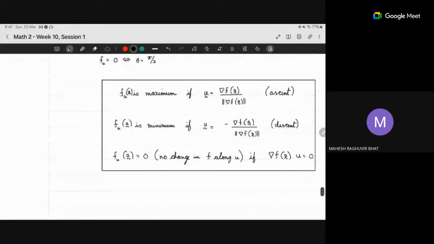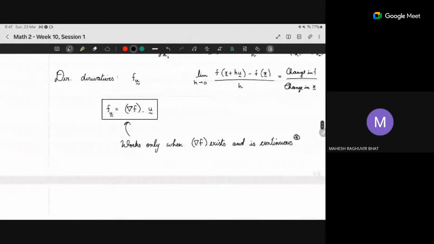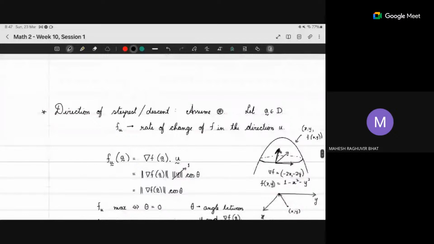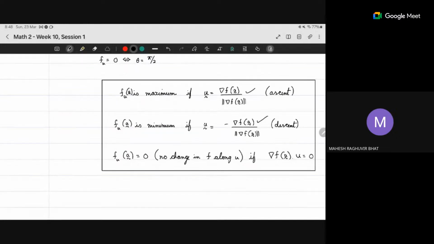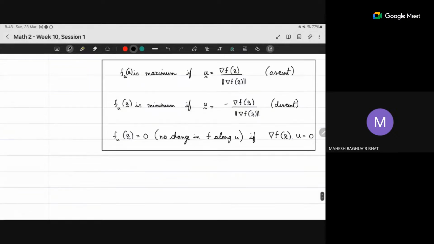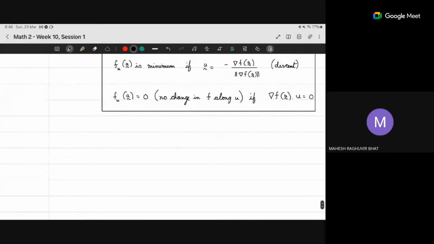So as long as your gradient is not 0 and the gradient exists and is continuous, you can say that the direction of steepest ascent is this, the direction of steepest descent is this, and the no change direction is this. Any vector which is orthogonal to the gradient vector will be a direction in which no change is observed instantaneously at that instant.